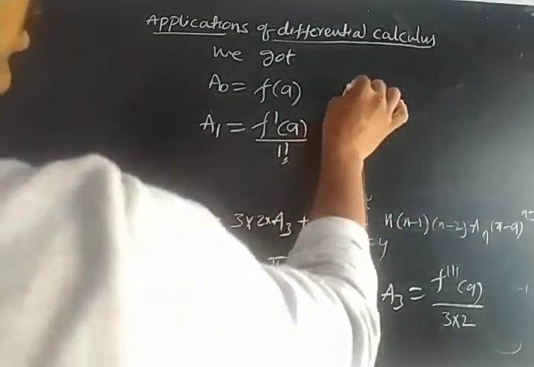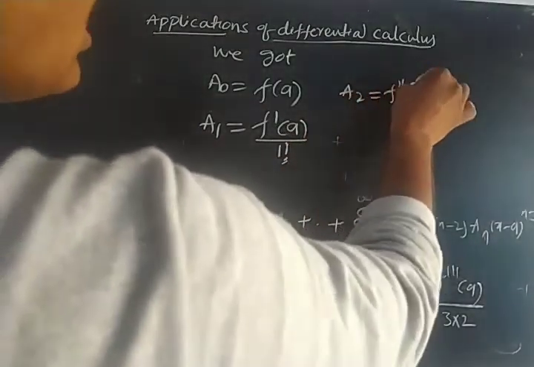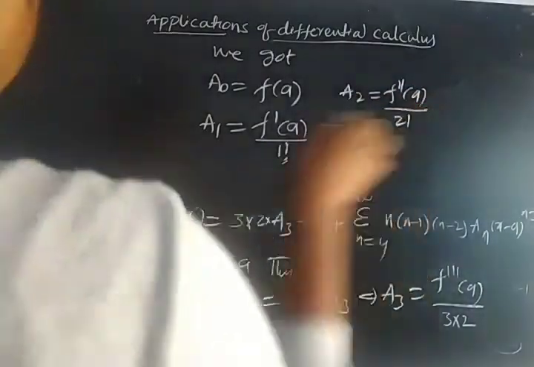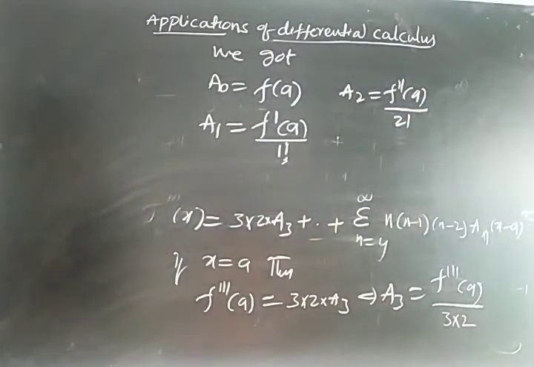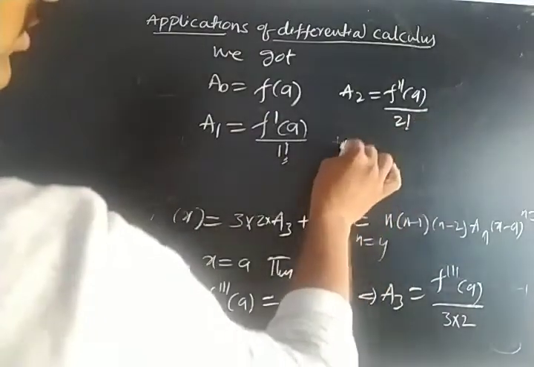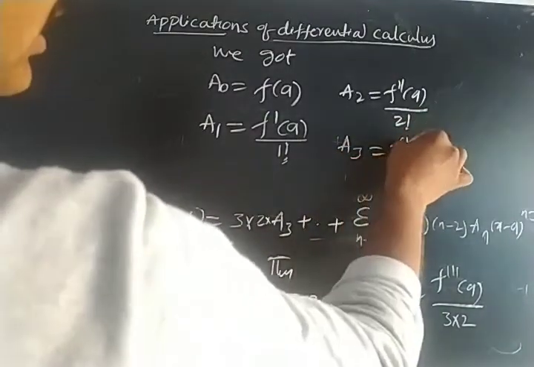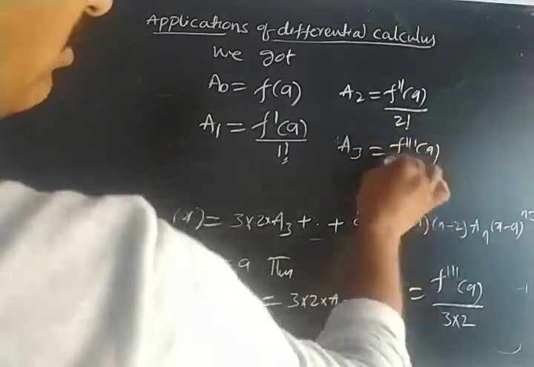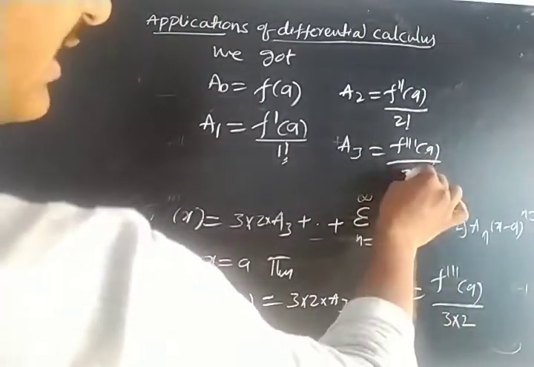Again a2 we got as f double dash of a by 2, which we can write as 2 factorial. a3 is f triple dash of a by 3 into 2, which we can write as 3 factorial.